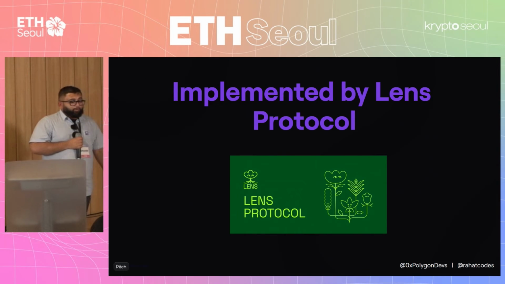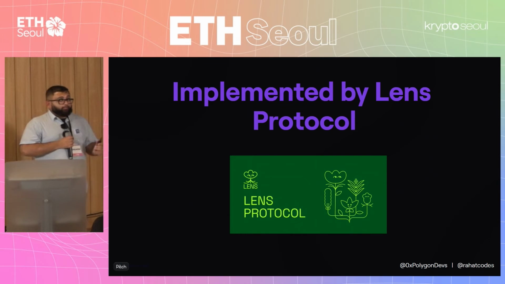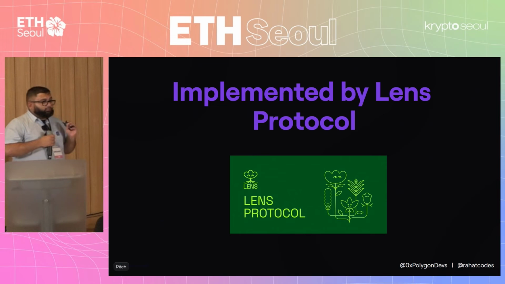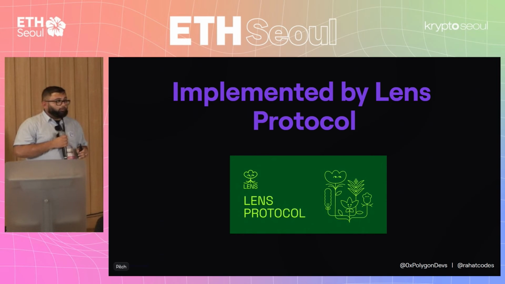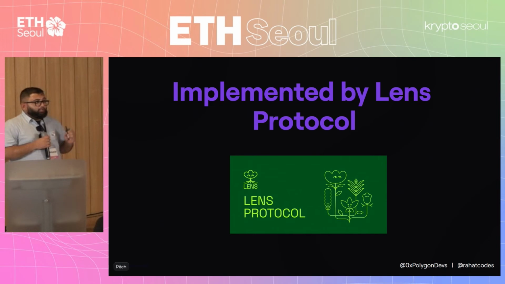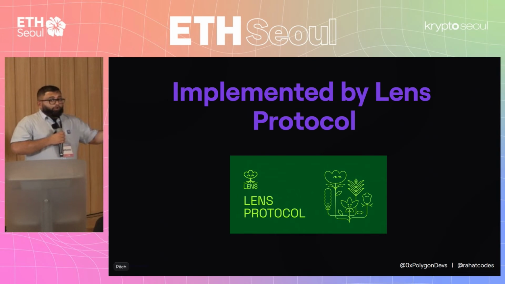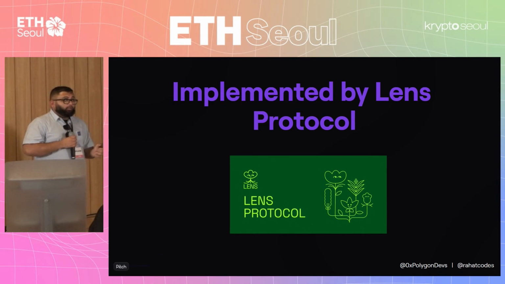This is implemented by Lens Protocol, and I think this is one of the best examples of how to use a full, robust, decentralized protocol without paying any gas. Because if you use any of the projects that are built on top of Lens Protocol, like Lenster, et cetera, a lot of them are using Lens's GraphQL API. And the GraphQL API that they built uses a relayer. I believe it's on Biconomy. I'm not 100% sure.